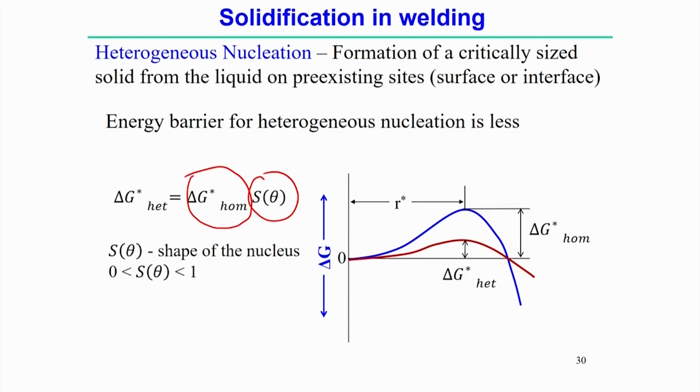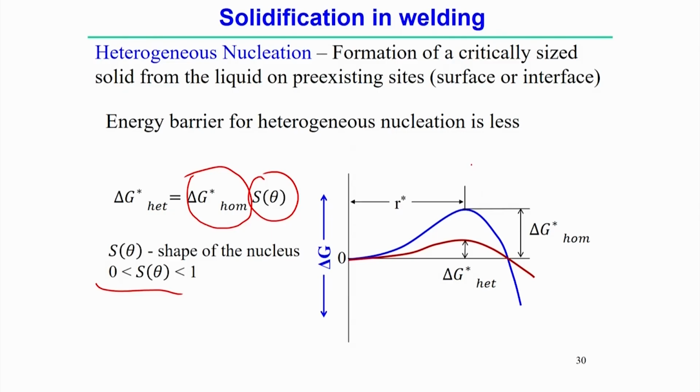So, that is why S theta depends on the shape of the nucleus, and this S theta can vary from 0 to 1. If we plot the total free energy change for the homogeneous and heterogeneous nucleation processes, we can find the difference.